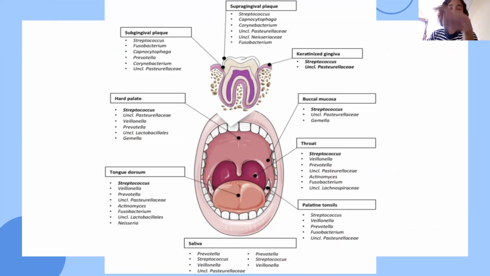However, pag nasa ilalim na ng gums, pwedeng mga anaerobes. Yan. Those who do not like oxygen. Example to, Capnocytophaga sa subgingival plaque. So around the subgingival area. So because it loves carbon dioxide.